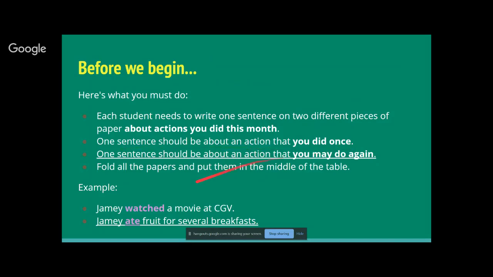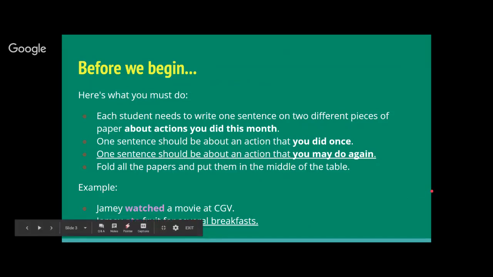Just to be clear, an action that you did once would be something like this first action: Jamey watched a movie at CGV. The action you may do again would be like this second action: Jamey ate fruit for several breakfasts, right?